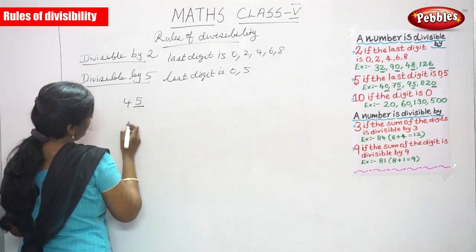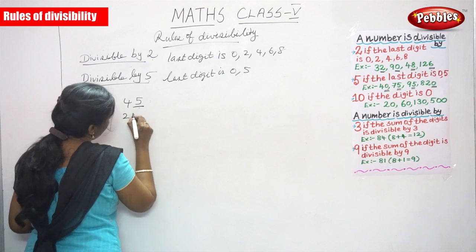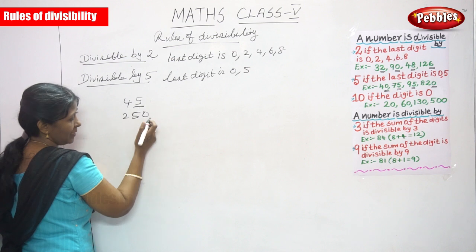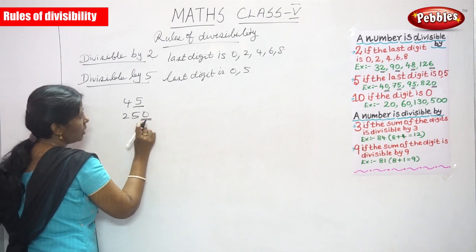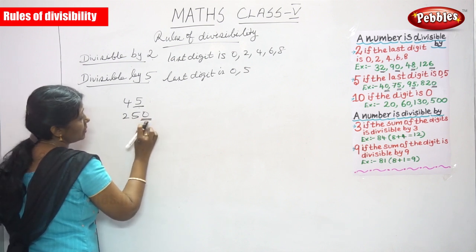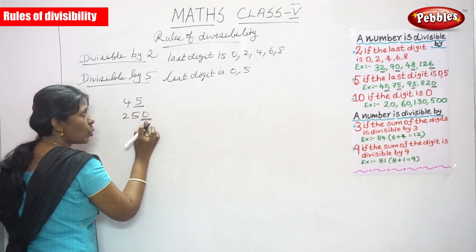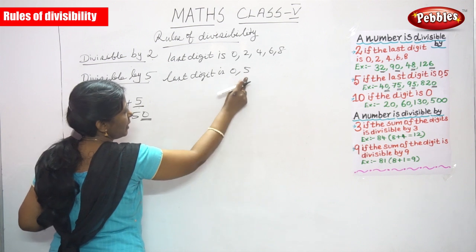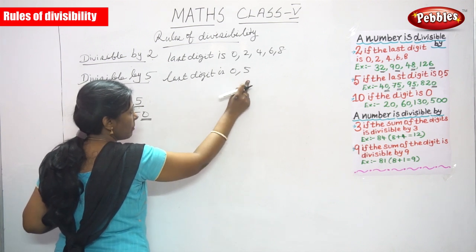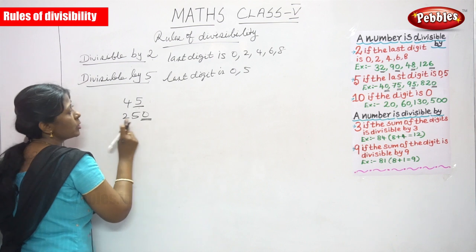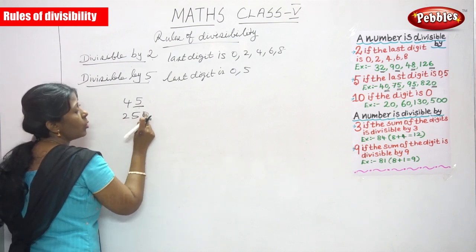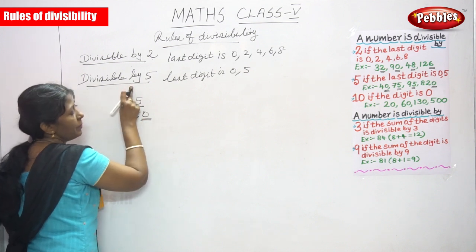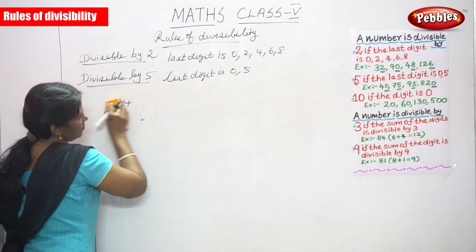Next, 250: the last digit is 0, so it is divisible by 5, because the rule is that the last digit is 0 or 5.